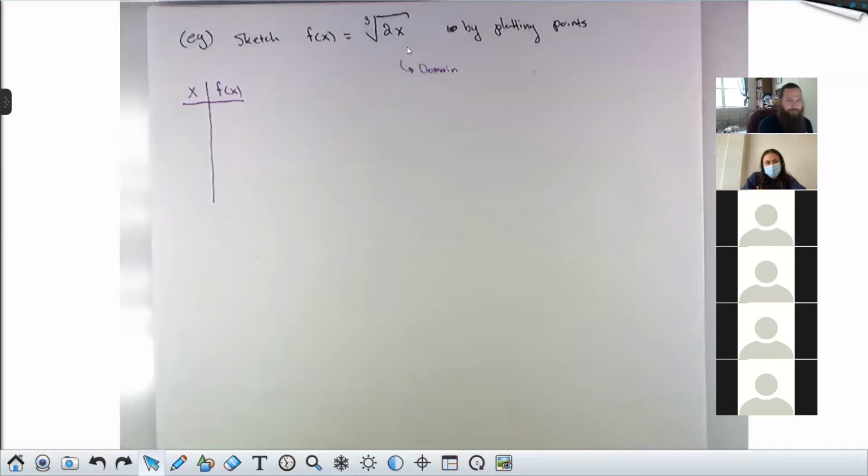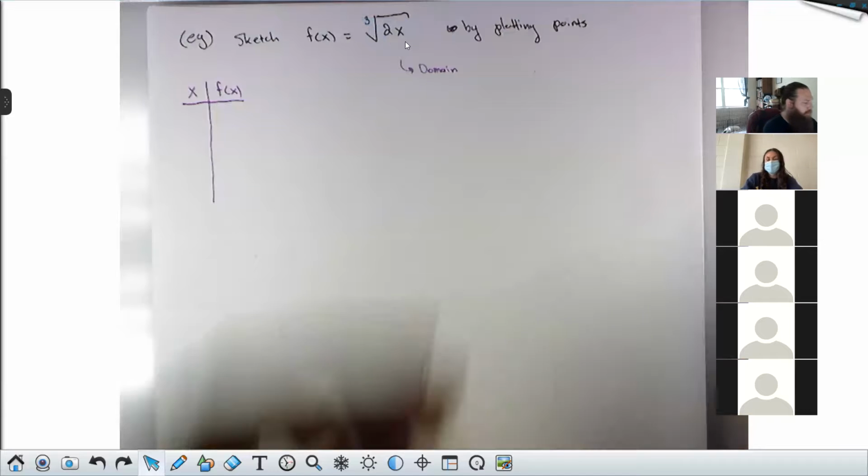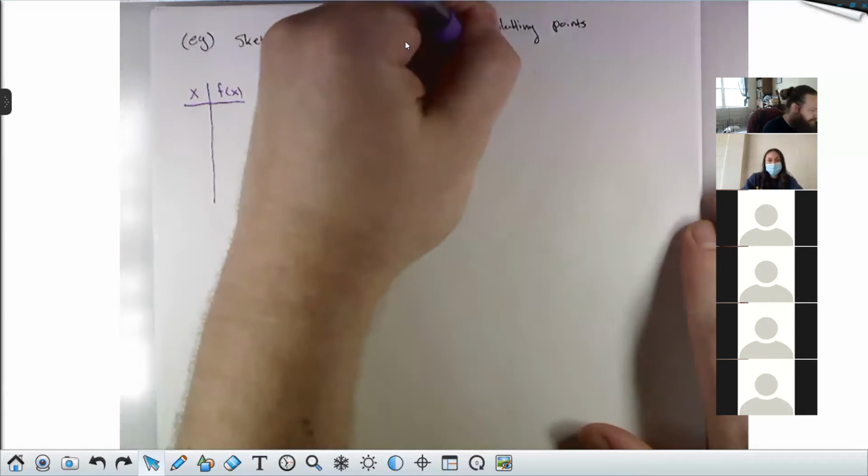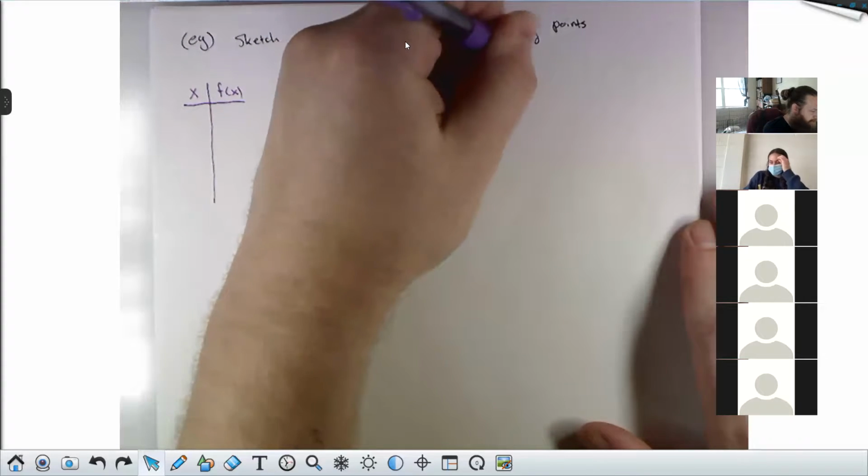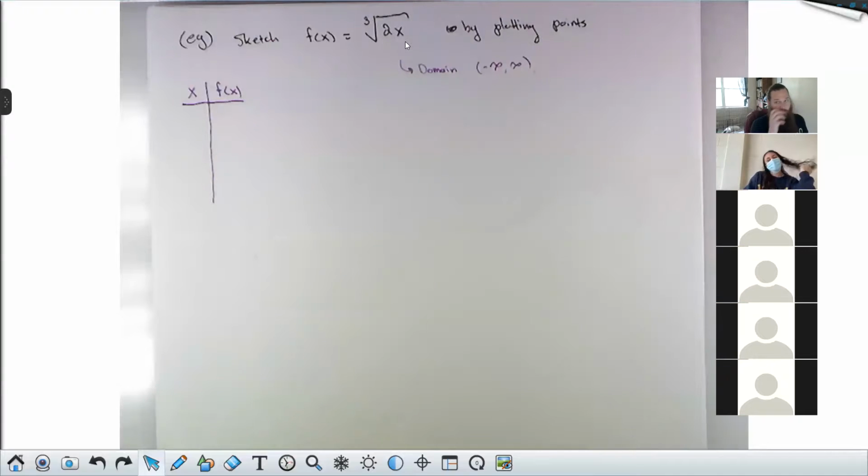Is it x has to be equal to or greater than 0? So if this was a square root, I would need this stuff to be greater than or equal to 0. But since this is a cube root, it's an odd root, not an even root. There's no red flags. Domain is all real numbers. But if it were an even root, like a square root or a fourth root, then yeah, 0 to infinity.